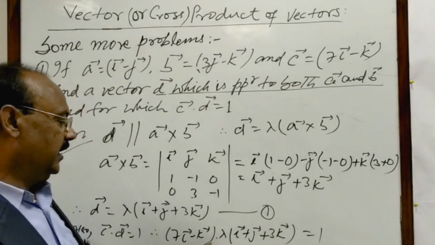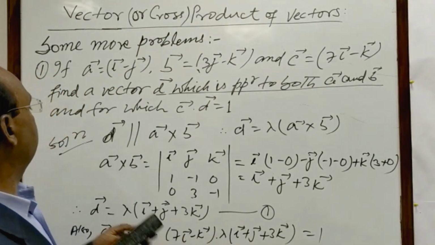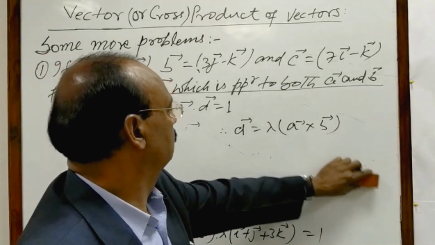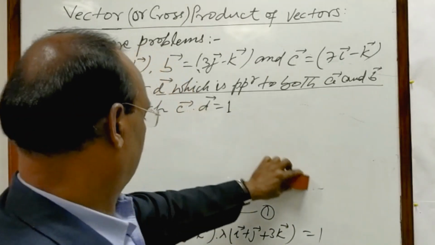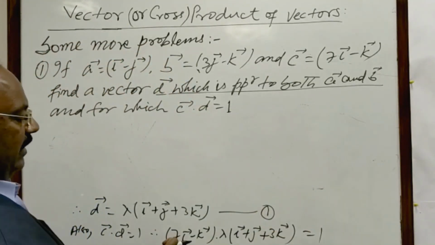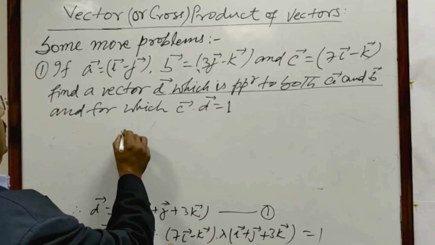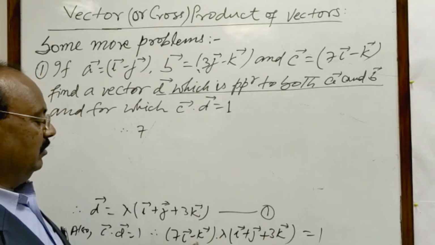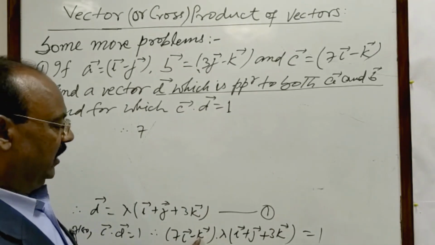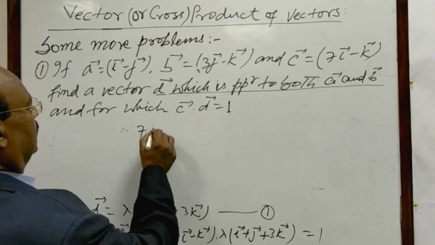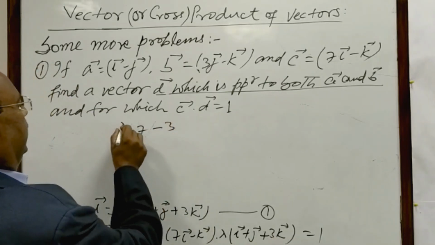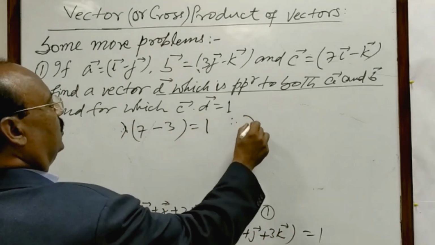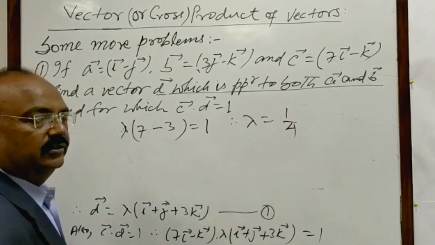So now let us write dot product of these two vectors here. So we can write here coefficient is 7, here 1. So we can write therefore 7, and there is no term having j, so coefficient will be 0 here. So minus 1 and 3, that is minus 3. So lambda times of this is equal to 1, and therefore lambda is equal to 1 by 4.